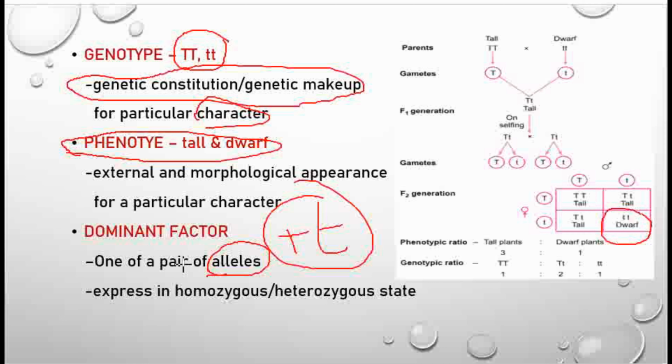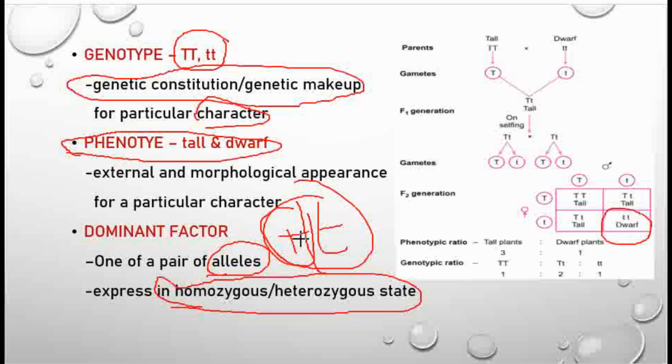So one of a pair of alleles, in the pair of alleles, this capital T expresses in homozygous or heterozygous state. So whether it is homozygous or heterozygous, it gets expressed. That is known as a dominant factor.